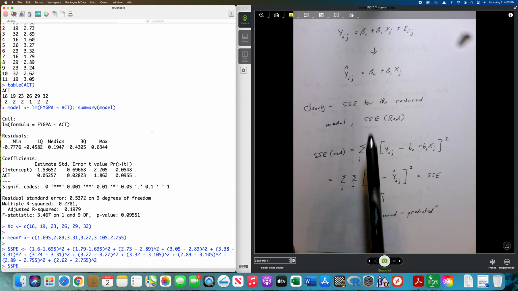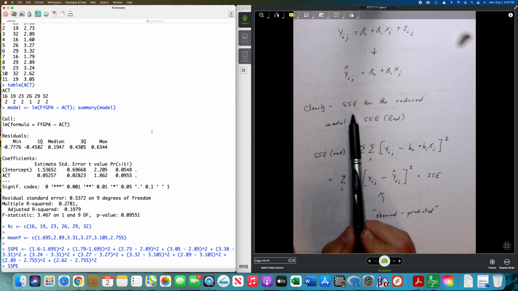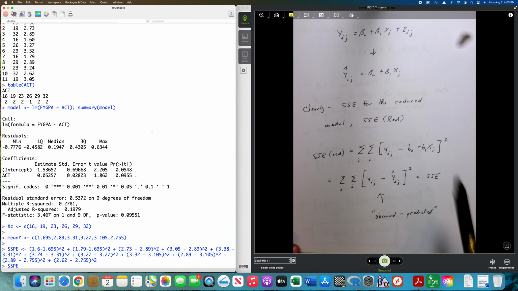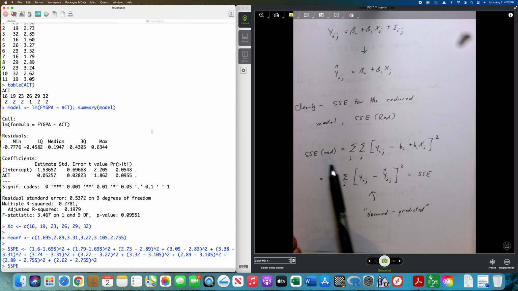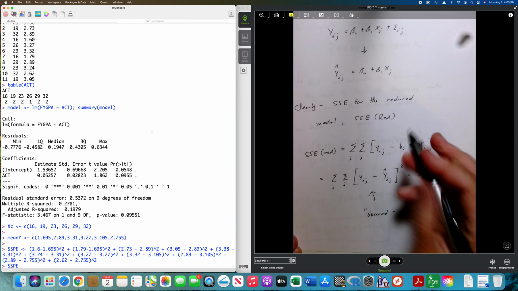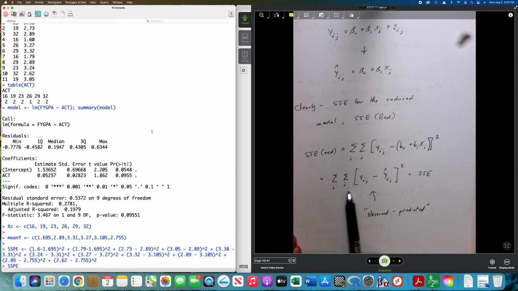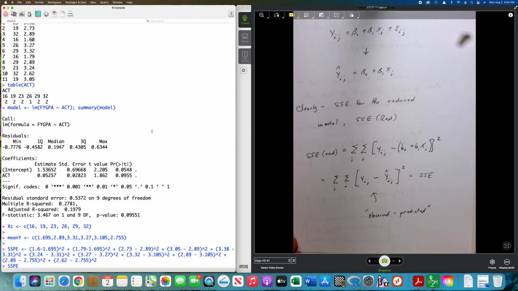So clearly the sum of squares error for the reduced model, which I call SSE RED, is going to be exactly like we've looked at sum of squares errors before, right? Observed minus predicted. So we're going to sum over j's and i's, and we know that this is the predicted value, right? So we have the sum of squares error, just as we've seen it many, many times before, as the sum of the deviations of the observed minus the predicted.